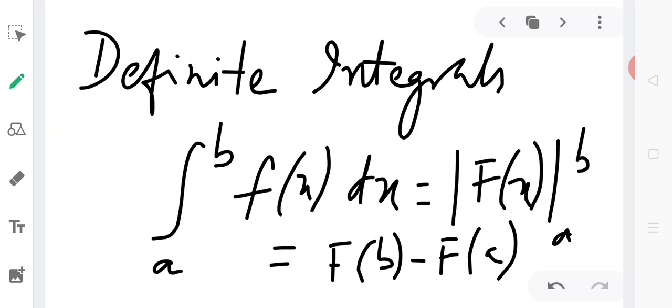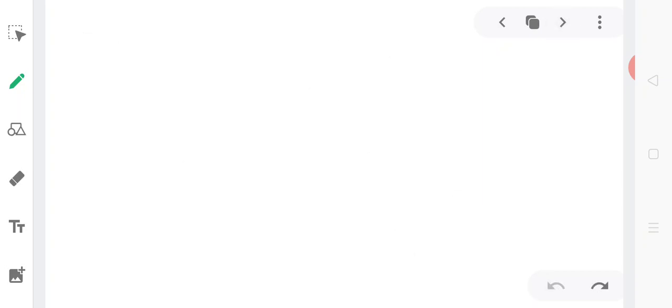Now, before giving you the example, I would like to mention one important thing, that no constant of integration is involved in the integration of definite integrals because we are aware of the limits. So, suppose you are asked to solve this.